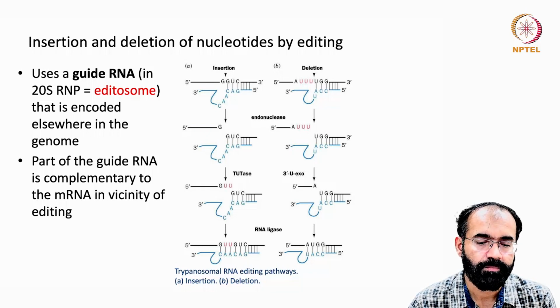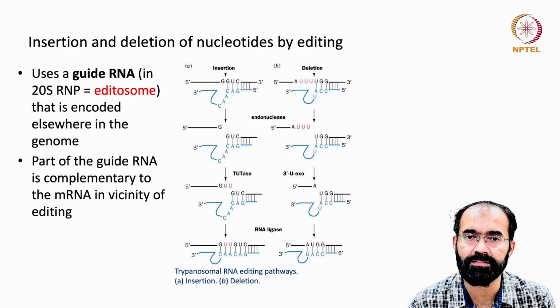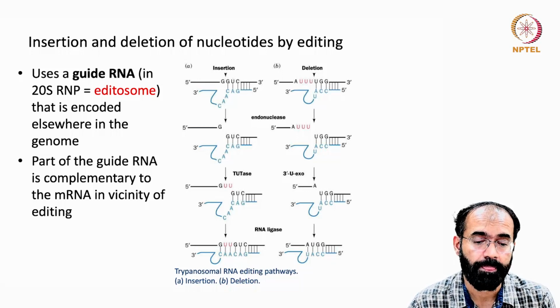What happens is that this editosome RNP comes in and pairs at a specific location. It pairs with the 3 bases of the region, and then it pairs with another 4 bases downstream, which is immaterial, and it stays paired.